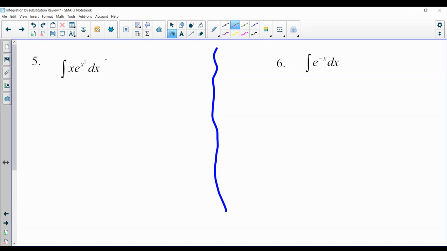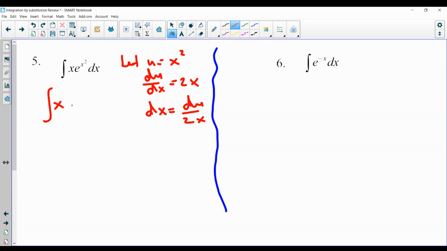Look, if I let u be x squared, I see my derivative 2x. I see an x, so I'm psyched because those x's are going to cancel. I still get left over with a 2, but all right, moving things around over here. dx is equal to du over 2x, so I come over here.